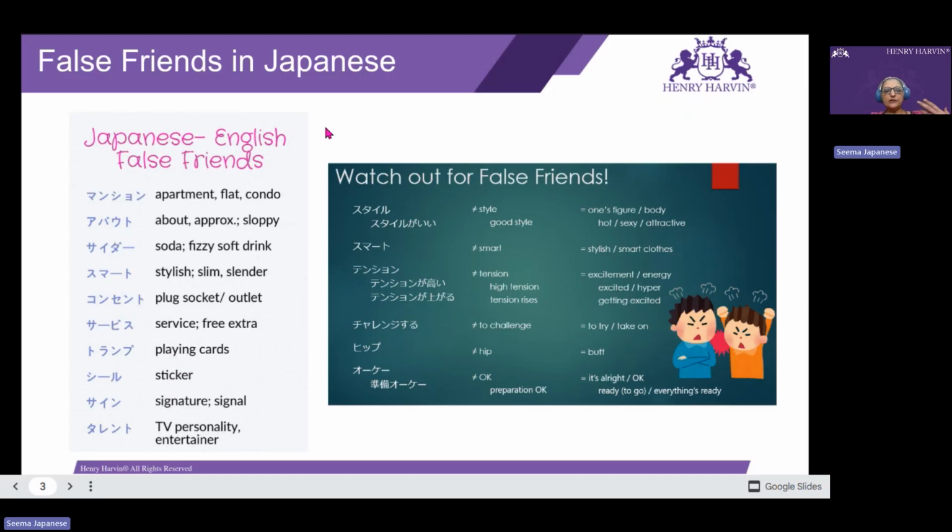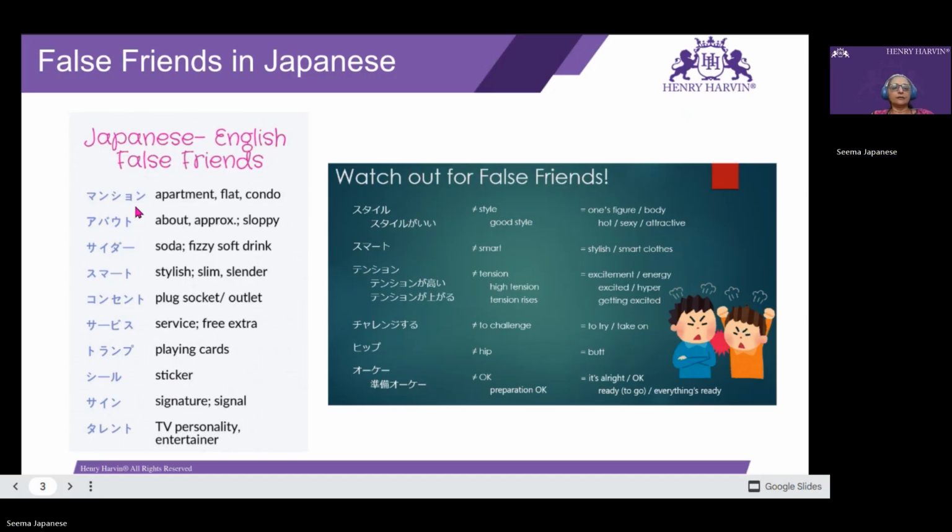So when a Japanese person speaks that specific English-looking word, the meaning is something else. So we need to understand that, right? The first word mentioned here is mansion. Mansion is not a big building or a bungalow.